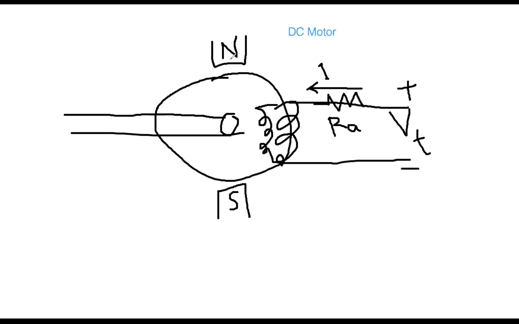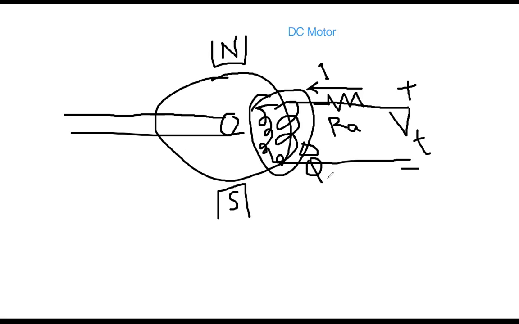Now we are assuming this magnetic field, North Pole and South Pole, are magnetized. This means they are injecting flux into the system. Now, what happens when you apply the voltage VT on the coils? According to the flux principle, flux will be produced.